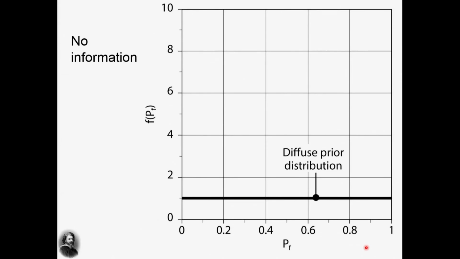And I'm just going to illustrate to you what the Bayesian approach tells you. If you don't know anything about the slope, you don't know whether there's been a failure last year or 10,000 years ago, you know nothing, then you have what is called a diffuse distribution. There's as much probability that a failure will occur as will not occur, so the probability between 0 and 1 is the same.